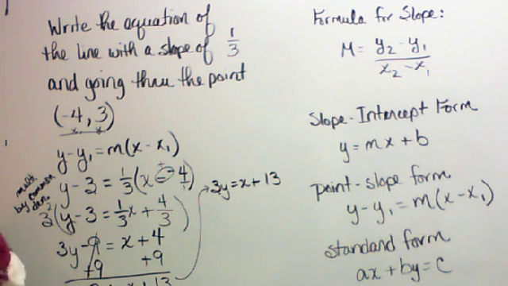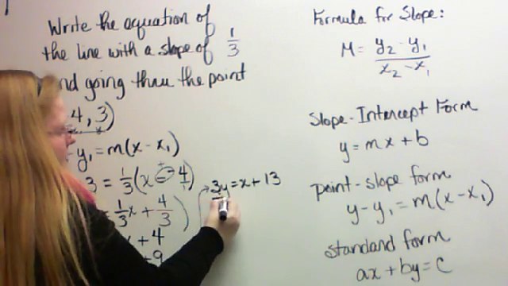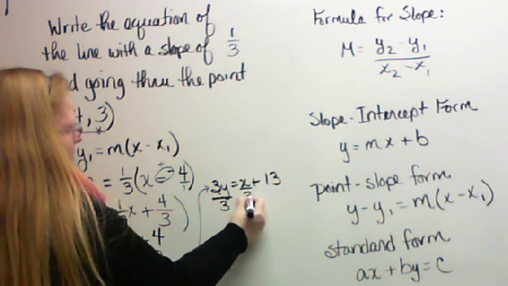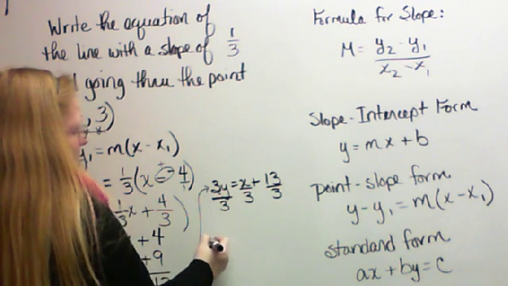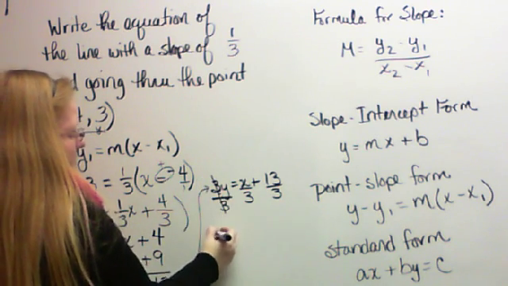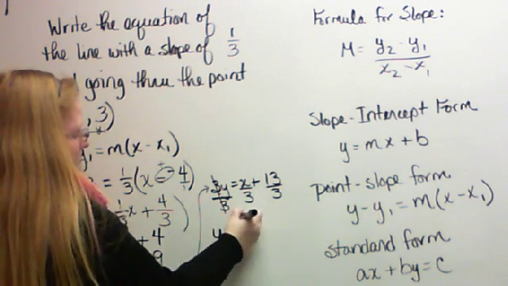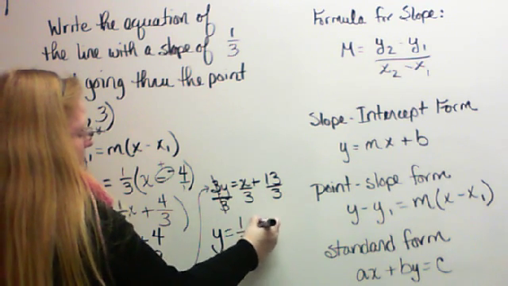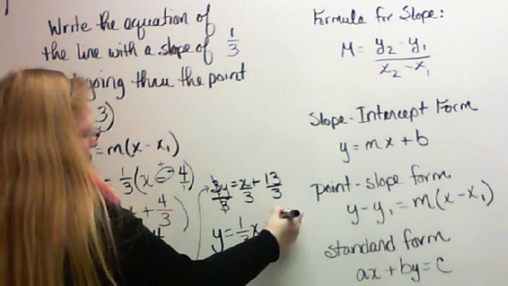So there's more work I'm going to have to do to it. I need to get the y by itself, so I'm going to have to divide everything by 3. When I do, the 3's will cancel out over here, and I get y is equal to 1 over 3x plus 13 over 3.